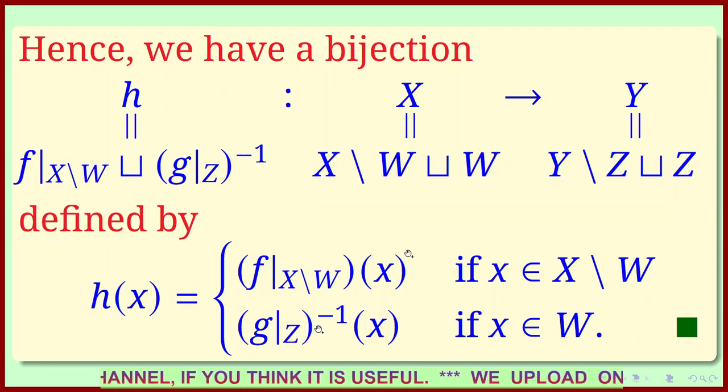This also exists; it is also a bijection we have seen in the previous slide. So h is defined like this. In this way we have a bijection from x to y, and this completes the proof.